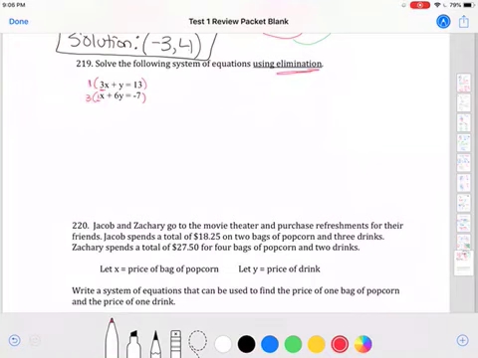This number, which is a 1, even though it's not written there, there's an imaginary 1 in front of that x, goes up there on the top. And I have to make one of them negative. For this one, I'm going to make the bottom negative, only because that top number being a 1, if I distribute 1 through to the 3x, the y, and the 13, it's not going to change anything.